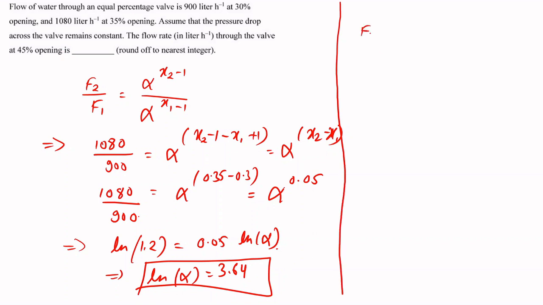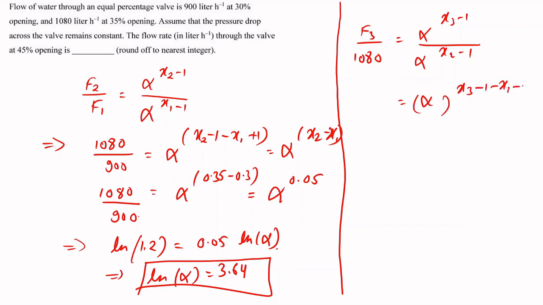So F3 is unknown. Let's take this F2. F2 is 1080, equal to alpha raised to x3 minus 1 upon alpha raised to x2 minus 1. That can be written as alpha raised to x3 minus x2.